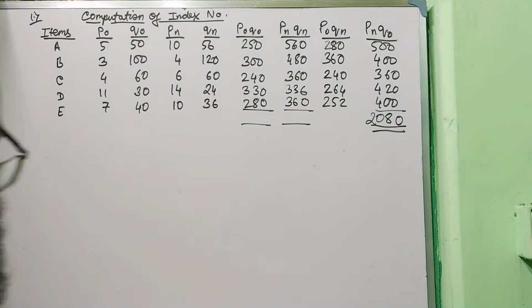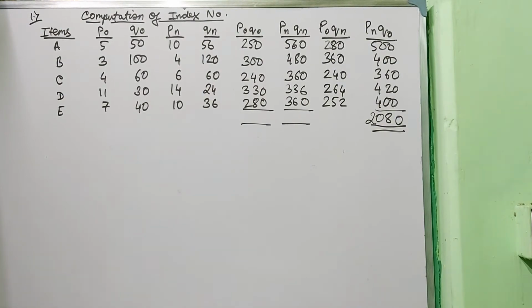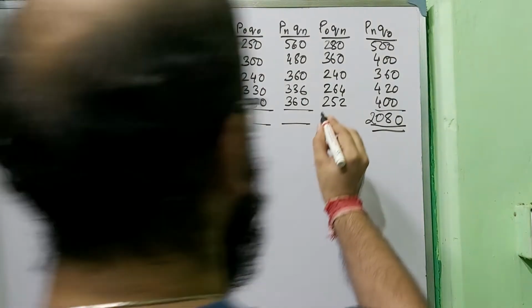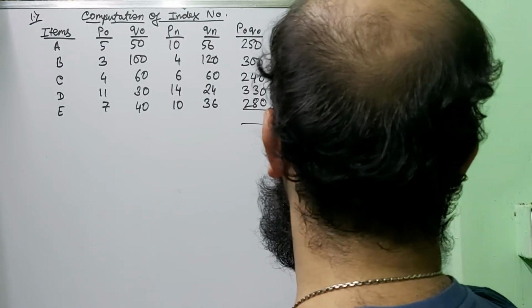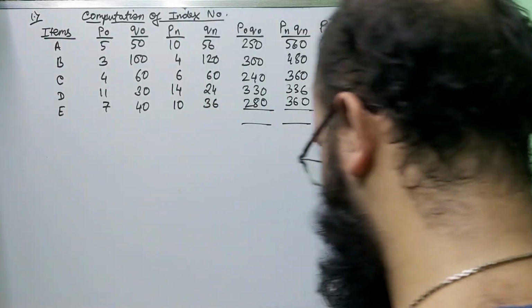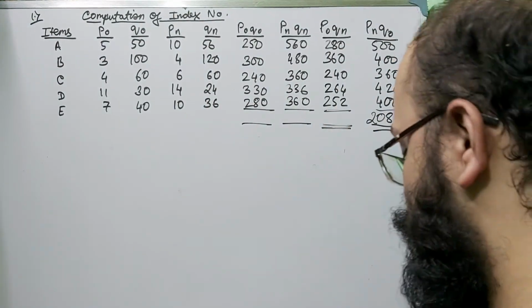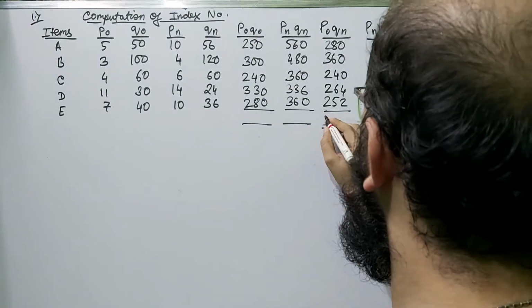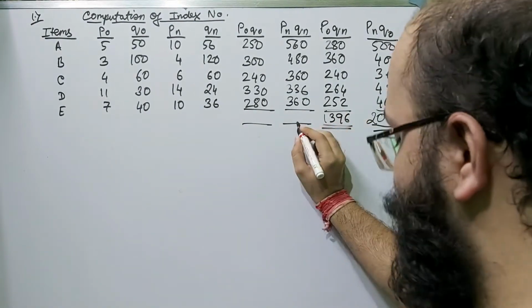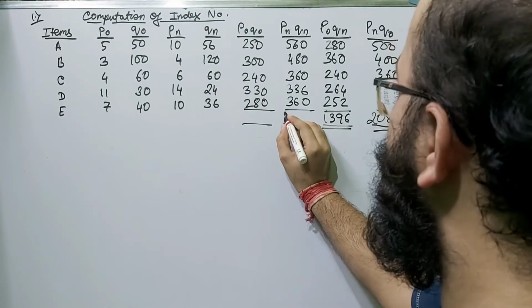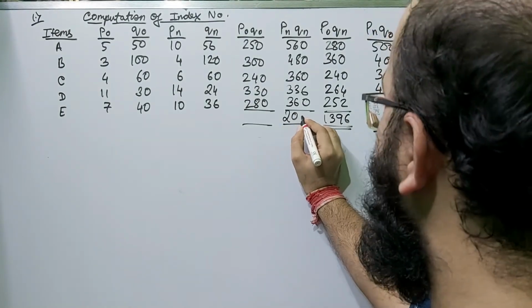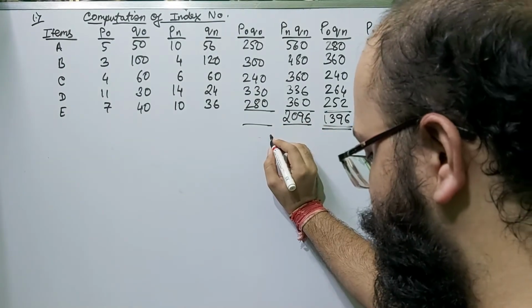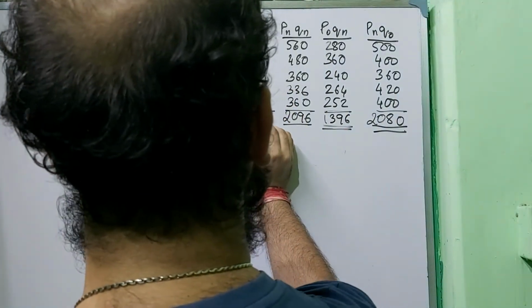Okay. And this needs to be calculated also. The total of P0Qn is 1396, PnQn is 2096 and P0Q0 is 1400.